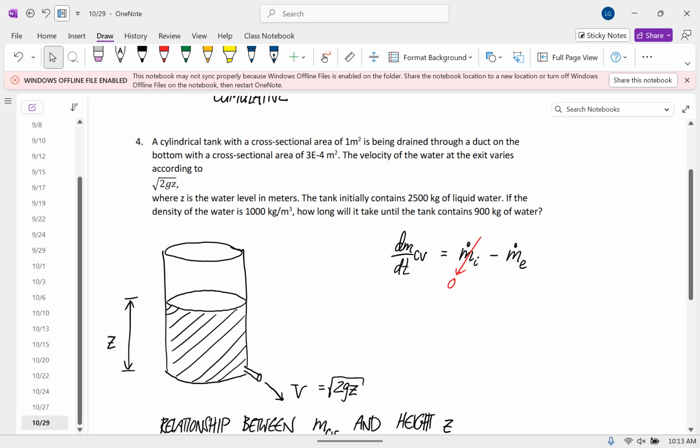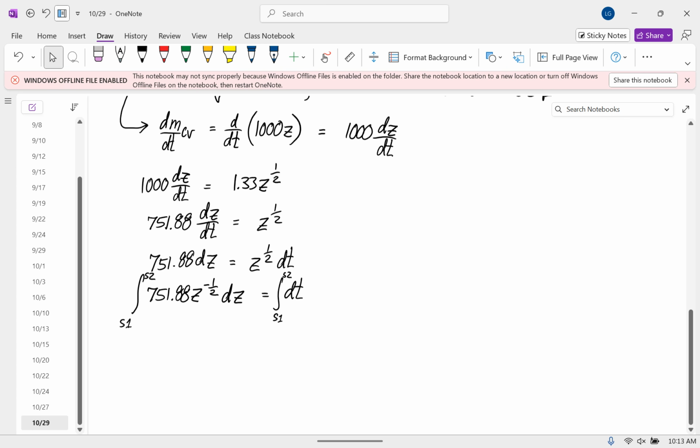And we're trying to find the elapsed time. So let's integrate and see what we get. So this is 751.88 z to the 1/2 divided by 1/2.